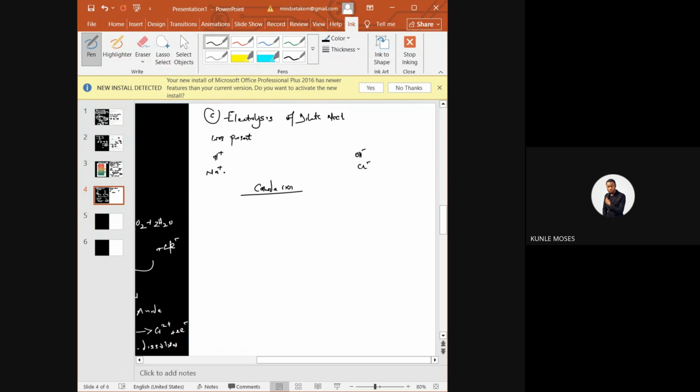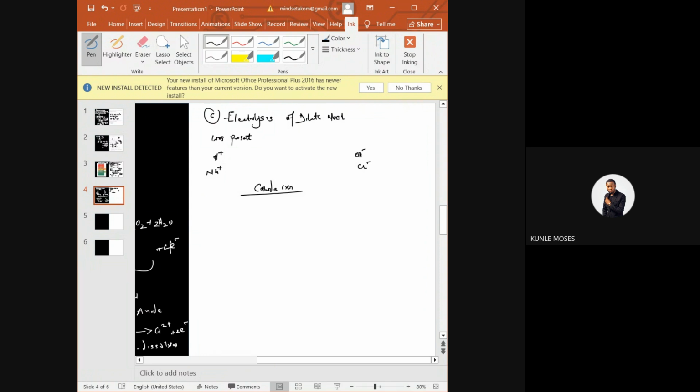If sodium is being discharged, as it's discharging, it's reacting again. So you cannot go with sodium. And hydrogen ions in this state are very few because water does not ionize much in the electrolysis of dilute NaCl.